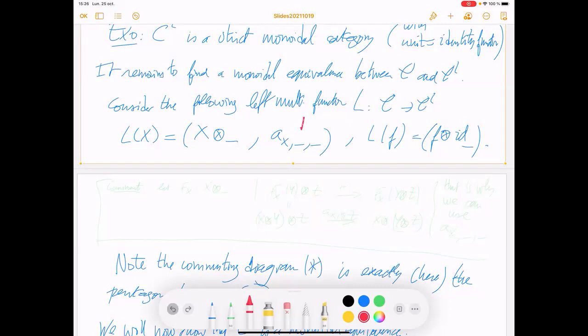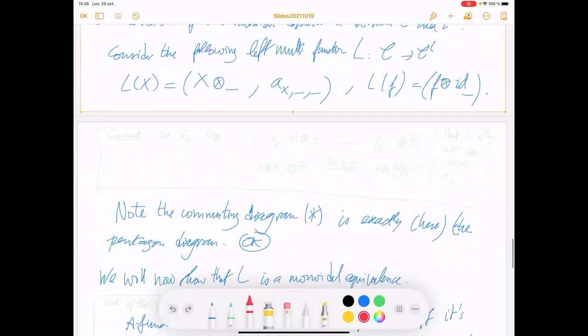For a morphism f, the functor is just given by f tensor the identity of something.